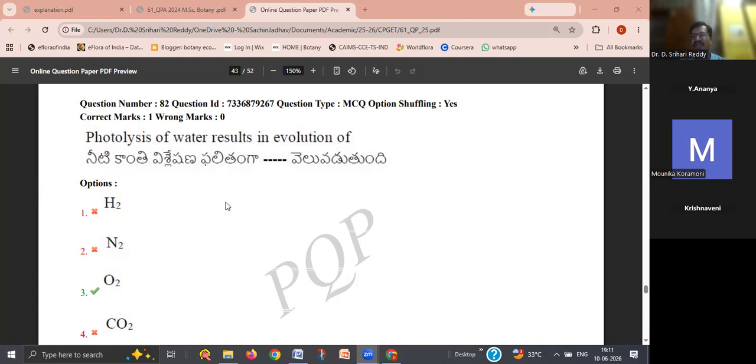So it is very important. The electrons which are released by this process, photolysis of water, reach the reaction center of the photosystem, P700.